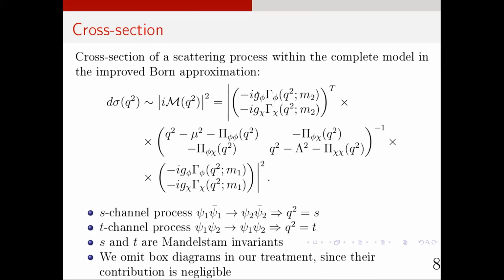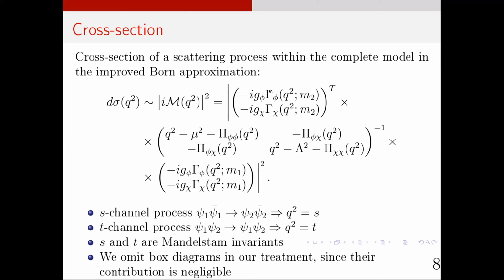This matrix element has the same structure for both S and T channels, and I provide it in the universal form. It depends on Q squared. Q squared is equal to S in the S channel process and is equal to T in T channel process, where S and T are Mandelstam invariants. This matrix element consists of three parts.